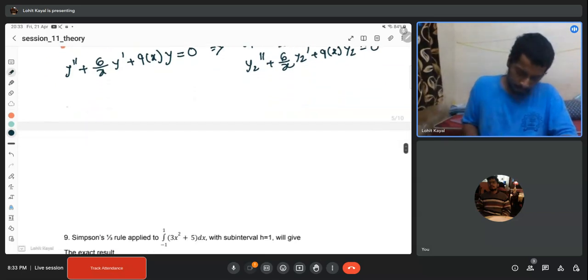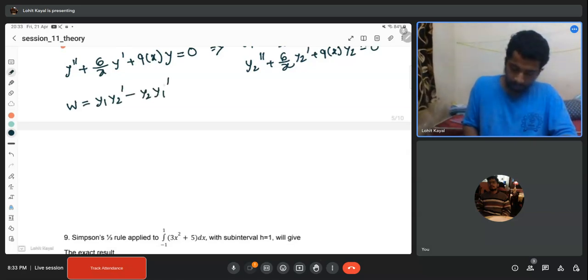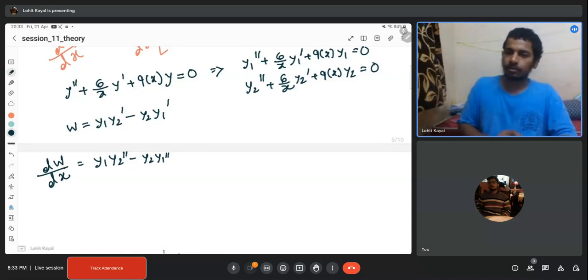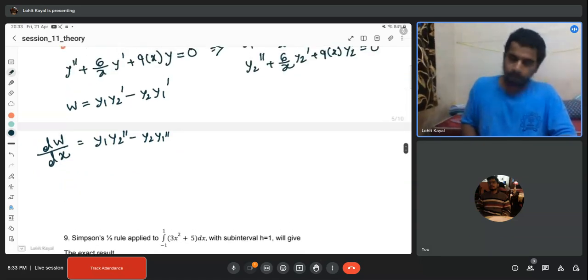Okay, now the Wronskian is W equal to y1 y2 prime minus y2 y1 prime. Let me find dW/dx. It will be y1 y2 double prime minus y2 y1 double prime. There will be y1 prime y2 prime minus y1 prime y2 prime, so they both cancel each other. Okay, finally I will be left with this.